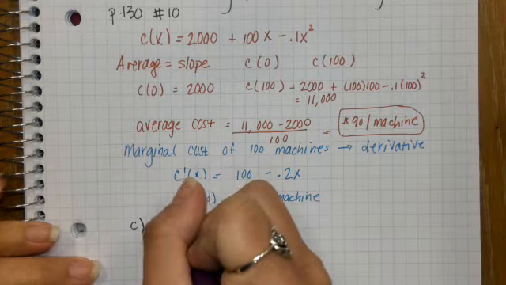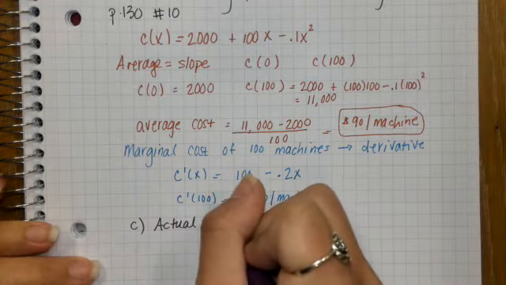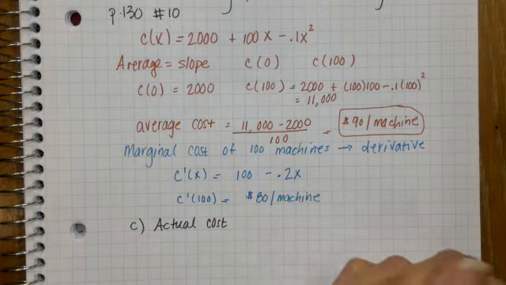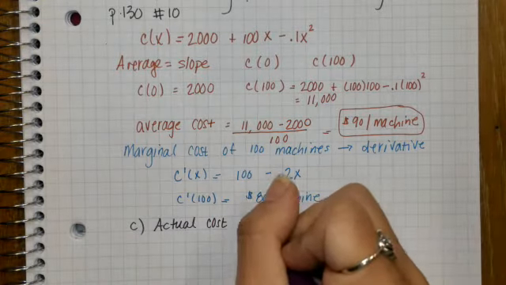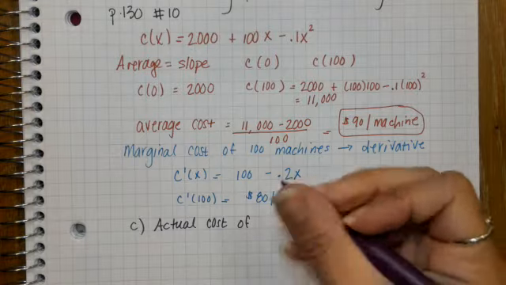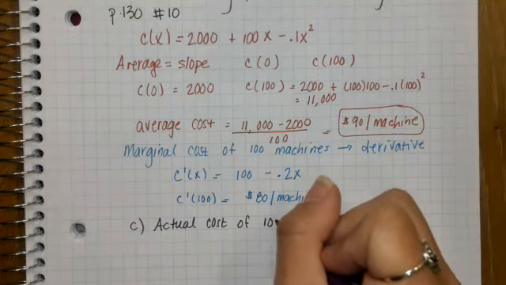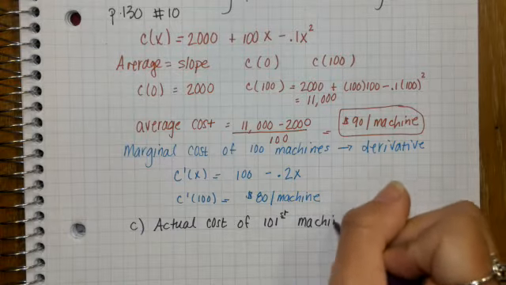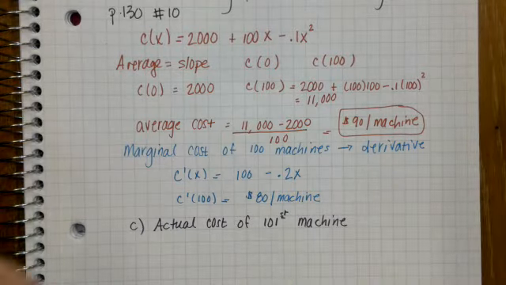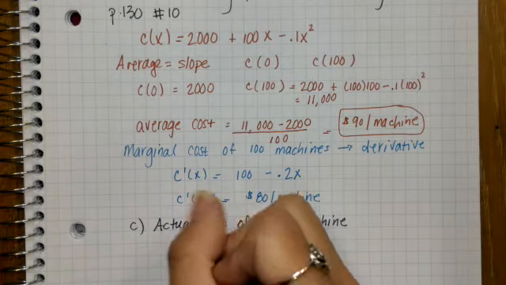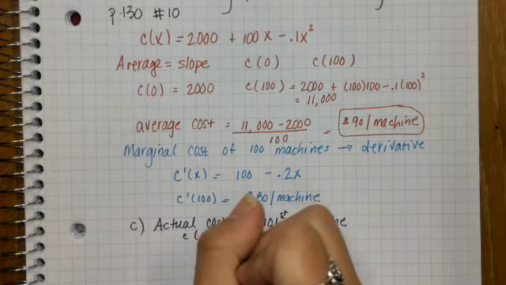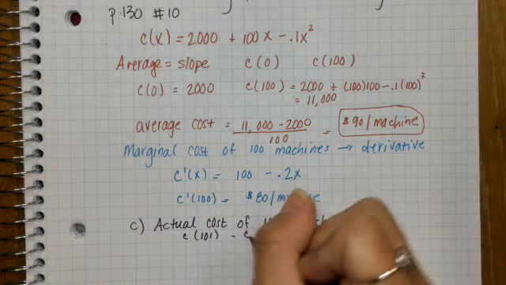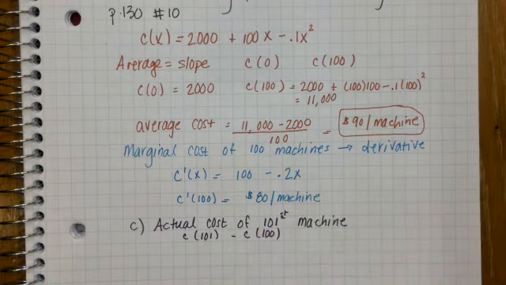I should have labeled those other ones. The actual cost of the 101st machine is the cost of the 101st machine minus the cost of the 100th machine. We're going to plug in.